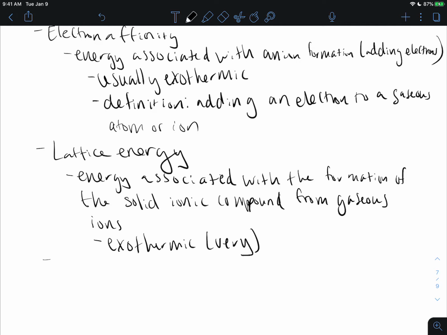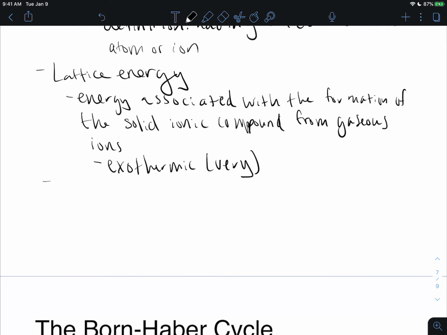And then our last energy is our enthalpy of formation. So this is the overall change associated with the formation of an ionic compound.